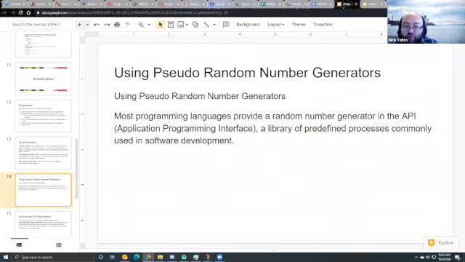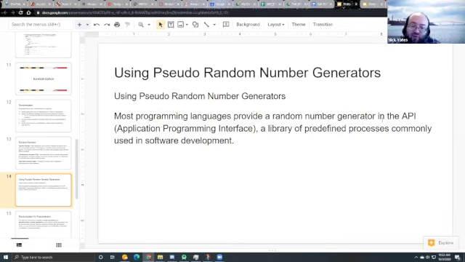So most programming languages do provide a random number generator, a function call, or a method call in whatever API that programming language uses. For example, in Java, there's the math library, which has an API of predefined processes that are commonly used.